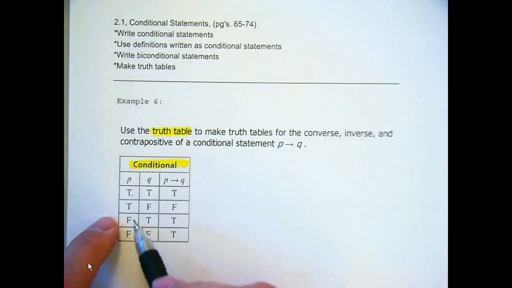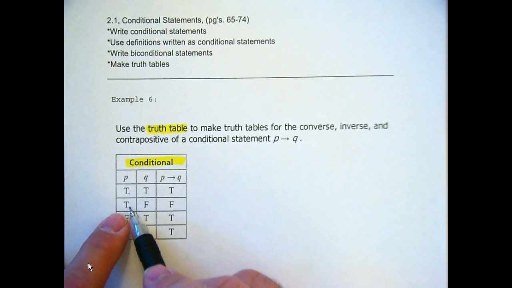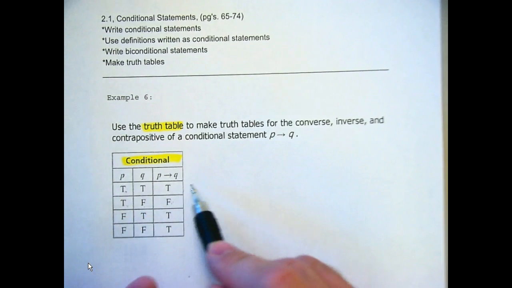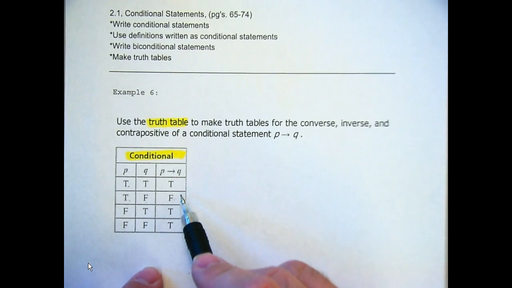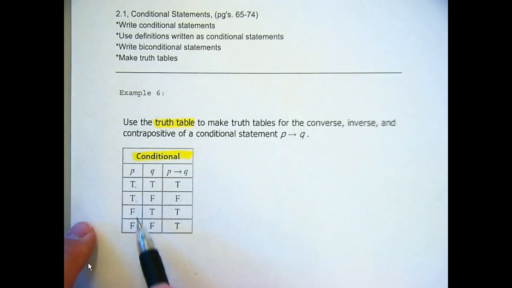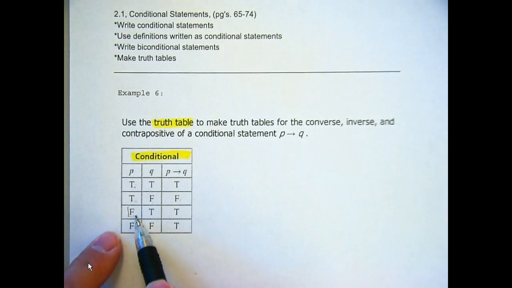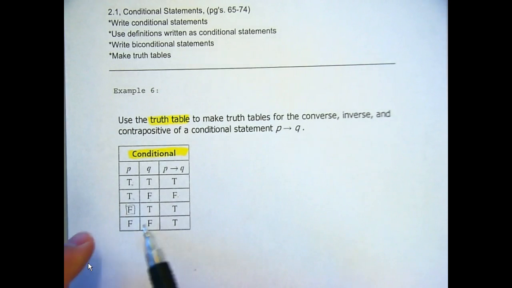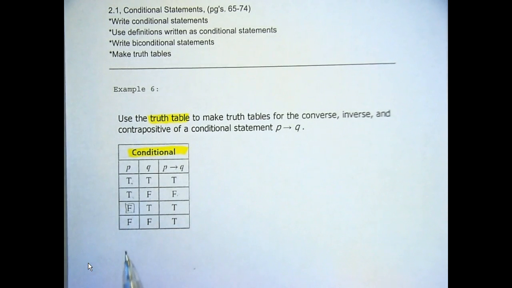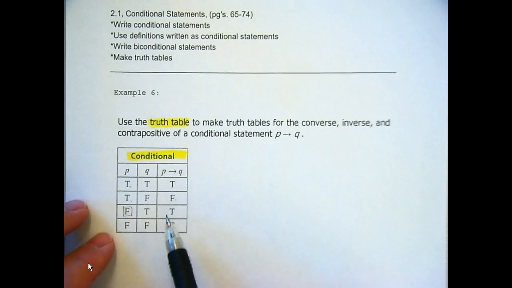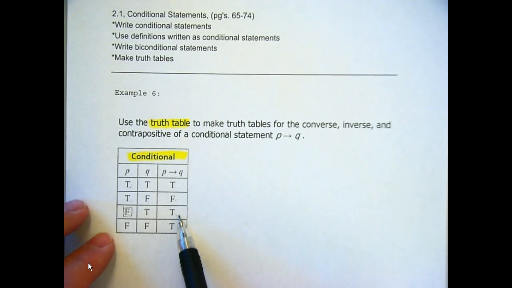We also know that if the hypothesis is true but the conclusion is false, that's a false statement. Most of us can agree on that. Where it gets a little weird is right here. If you read your hypothesis and it's false, we can't necessarily prove this statement false. Right?